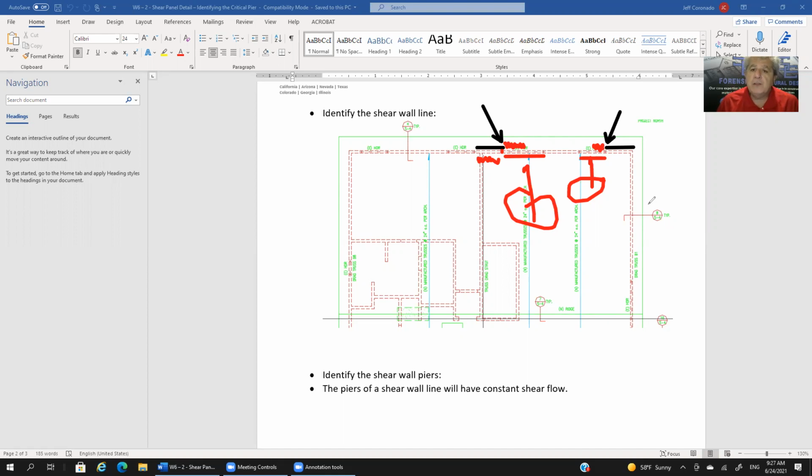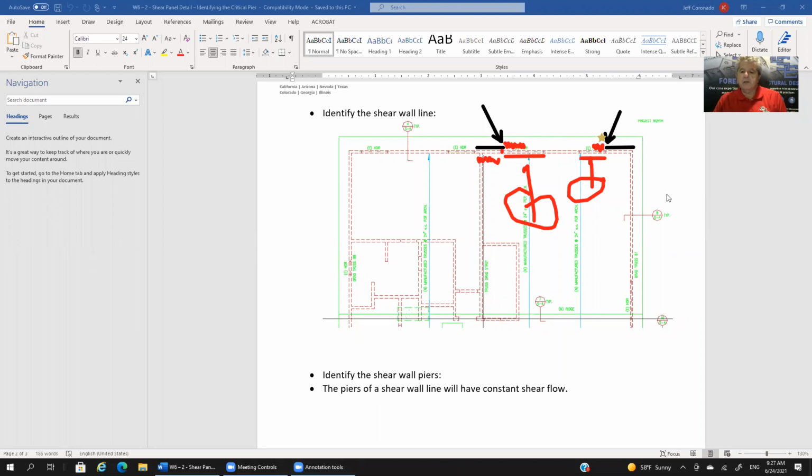Now, which one do you think is the most critical pier to evaluate? Yeah, I think I would go with this one as well. A heart. I've never used a heart. No, that's not what I meant to do. How about if we use a star? Yeah. Okay. That would be the end.